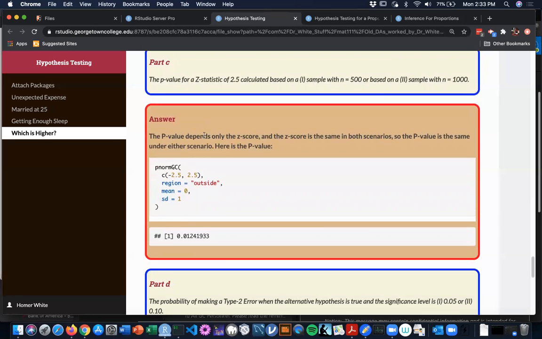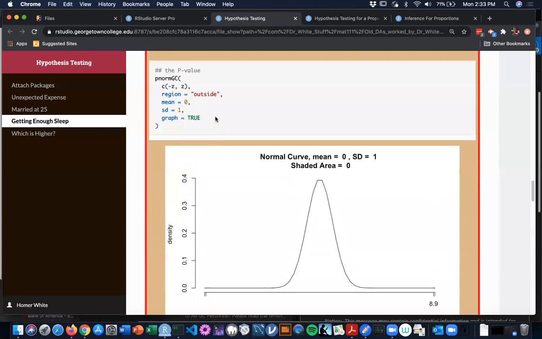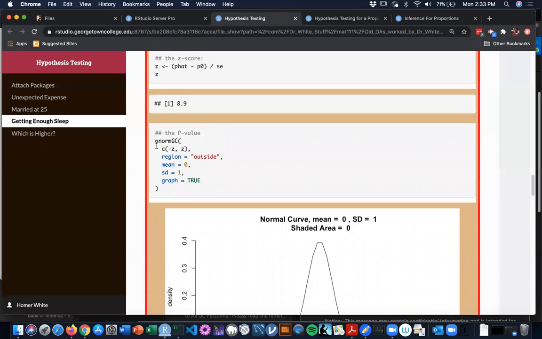Well, think about how you calculate p-values. For example, up here, it's the chance of getting outside the range from minus z to z on the standard normal curve. Whoa, the only thing that probability depends on is the z statistic.